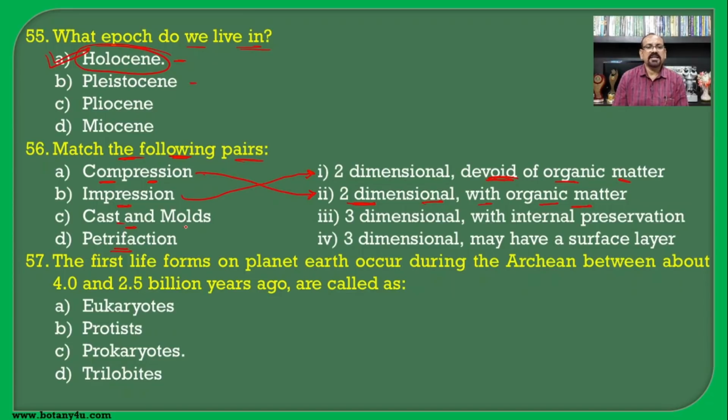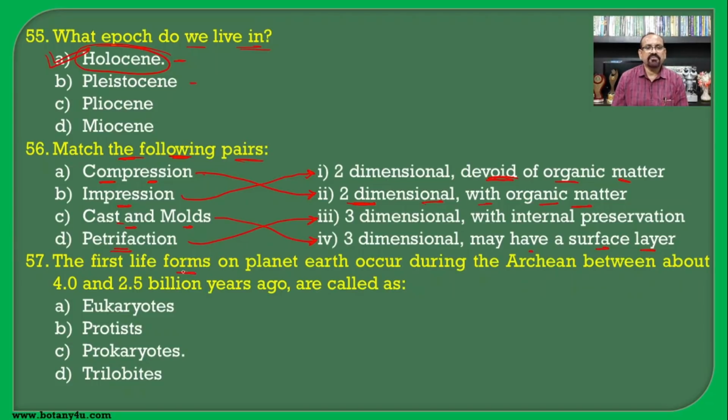Then cast and mold are three-dimensional, but they may have only the surface layer and no internal preservation. It is inorganic in nature. And petrifaction is again a three-dimensional structure with internal cellular details preserved, and hence now they are correctly paired.